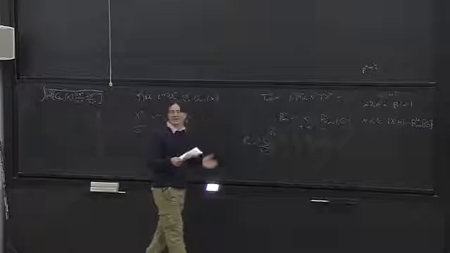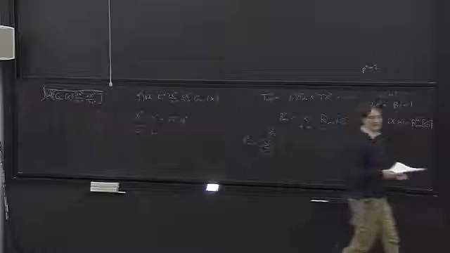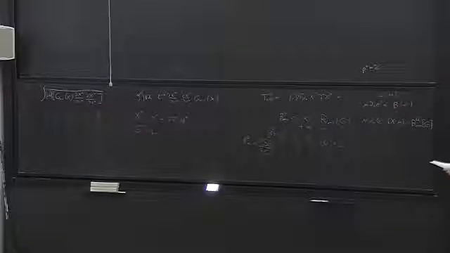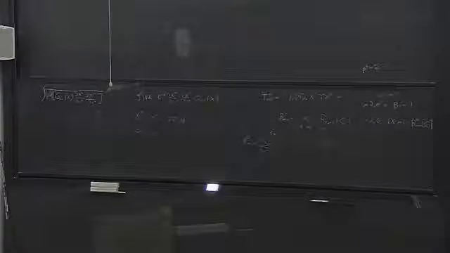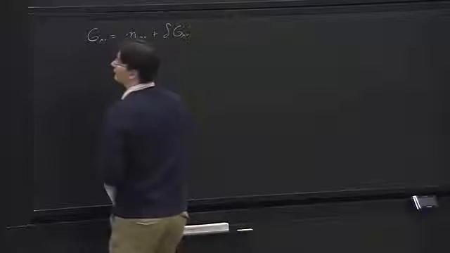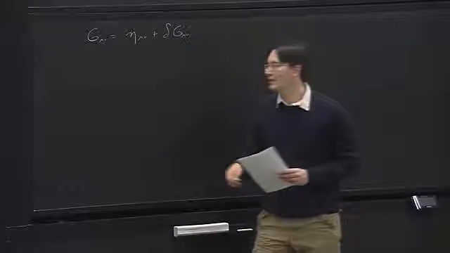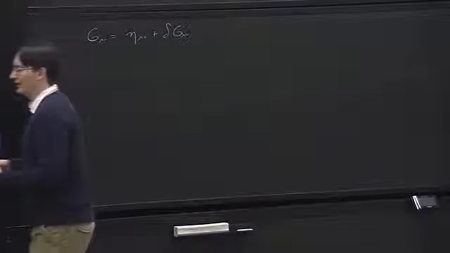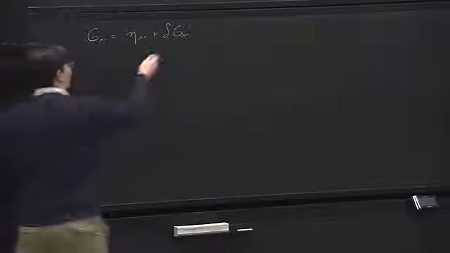Are they distinct or are they the same? So suppose I study a small fluctuation of the metric, for example. I write G as eta plus delta G. And let's write a string theory scattering amplitude in this deformed background.